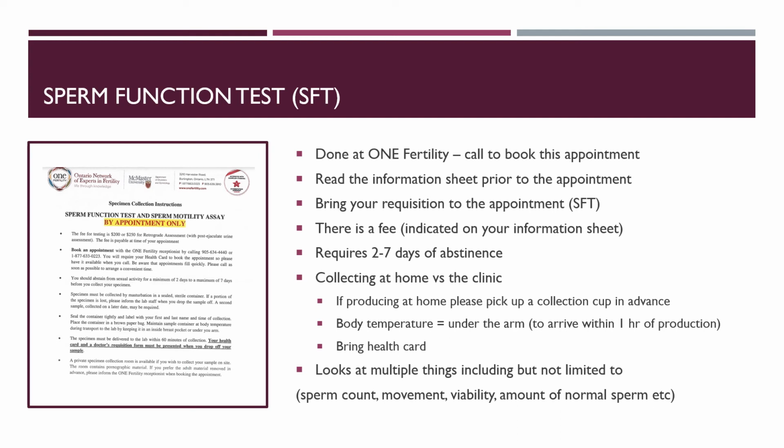Bring the sample to your scheduled appointment at body temperature and make sure that we have it delivered to the clinic within an hour of production. Also, don't forget to bring your health card. This particular test looks at things such as sperm count, movement, viability, amount of normal sperm, among other things.